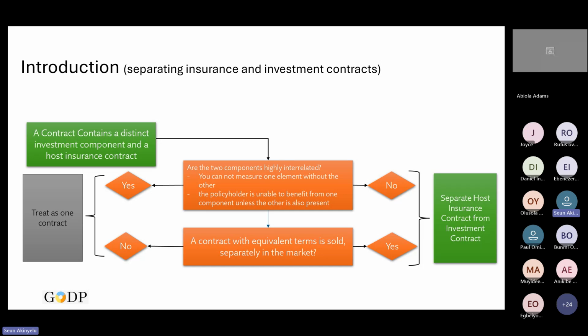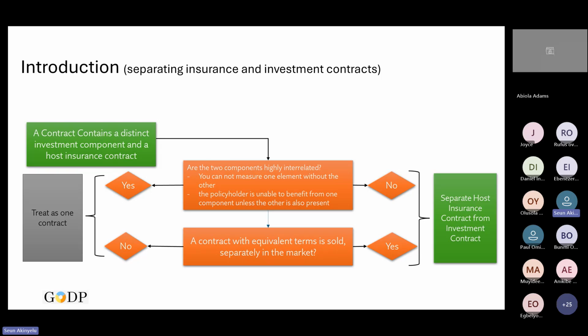The second thing you have to consider when determining whether you should break the insurance contract from the investment contract is whether there's a particular kind of contract that is sold separately in the market without the investment component or the insurance component, when they are not together. For example, if it's an investment, is such an investment contract sold without the insurance component?